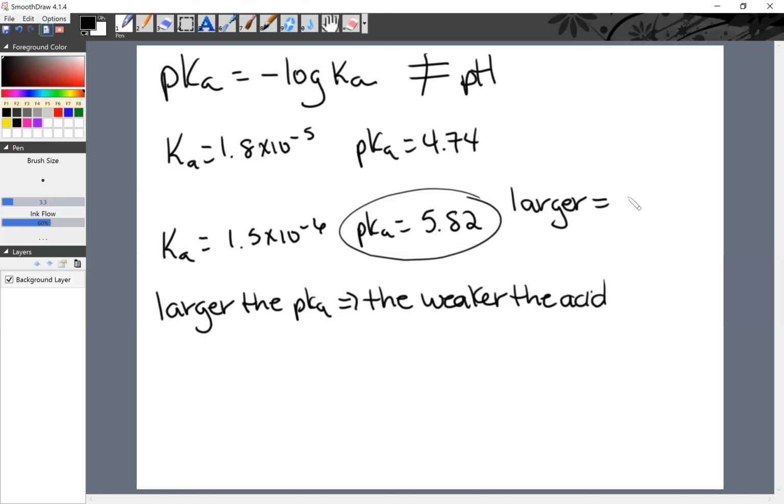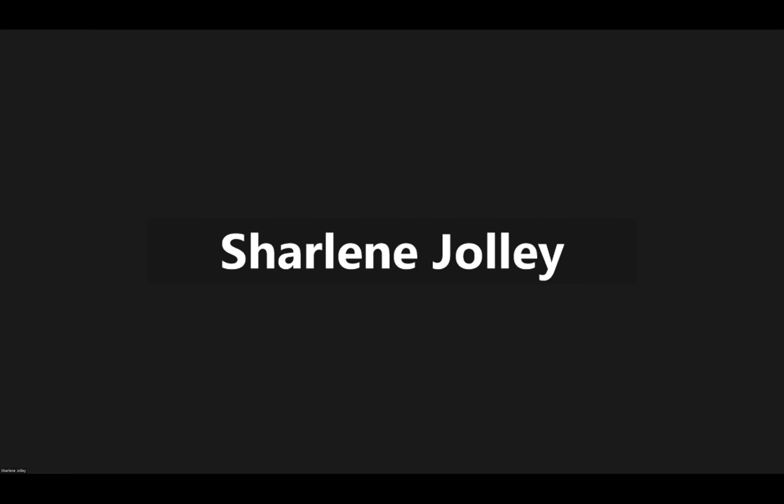So it is the weaker acid of those two. That's a nifty little tool that we can use that negative log value for. So, the larger the pKa, the weaker the acid.